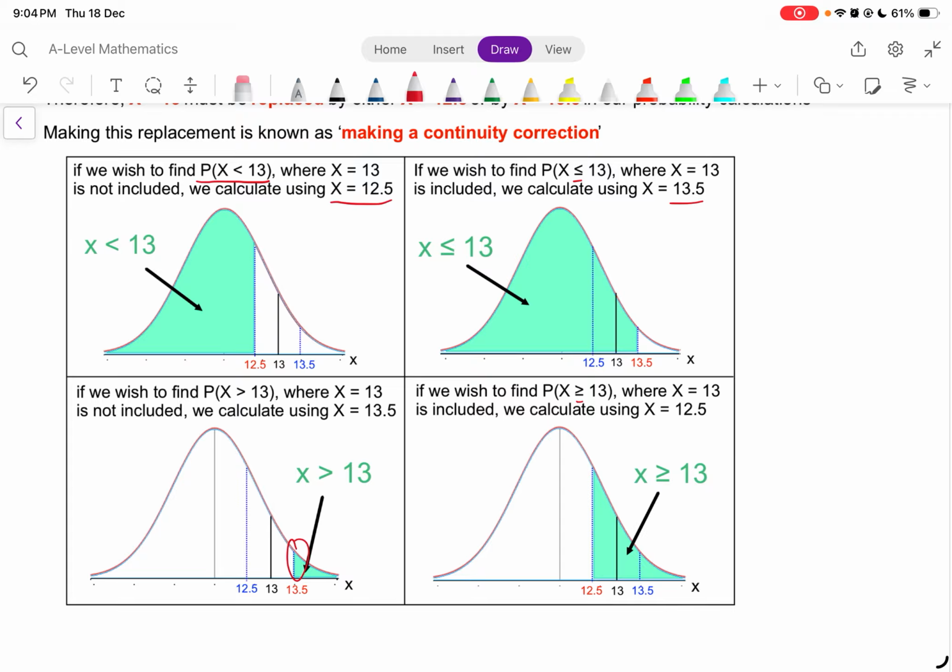Okay? 然后有包括等于的时候，我们就要选择这个 smaller value. So these are the things to making continuity correction. But obviously, this is for approximation. Of course, this is for A level only. If you go to like university, yeah, good luck.